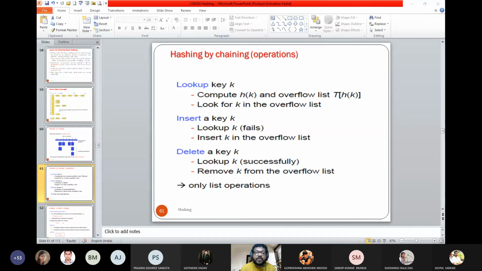When the disk is manufactured or designed, it tries to reserve two areas, one of which is the overflow area. Whenever there is a collision, we store the key in the overflow area. If possible, I'll also share a picture of that.